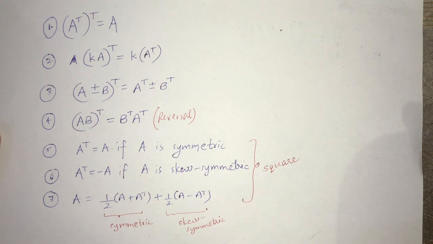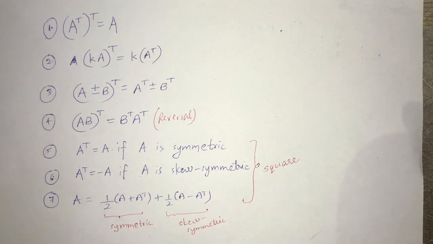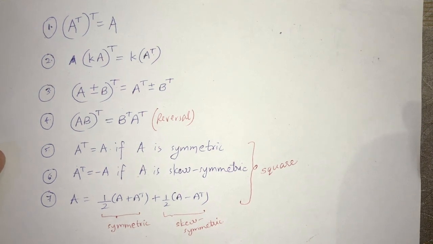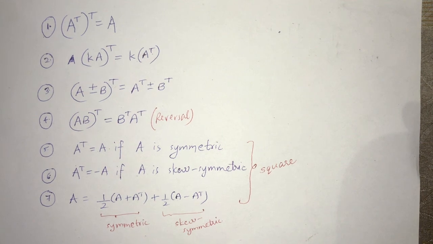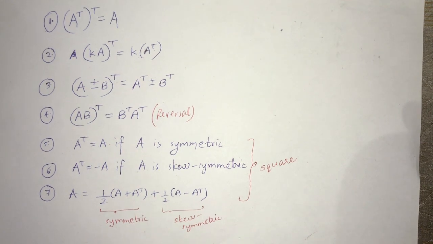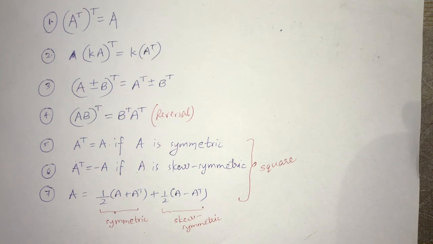Symmetric, skew symmetric. Okay. So these are the properties which you will have to remember to solve the MCQs properly. There are many more properties coming ahead, but these have to be remembered as time saving results, as shortcuts. Thank you.